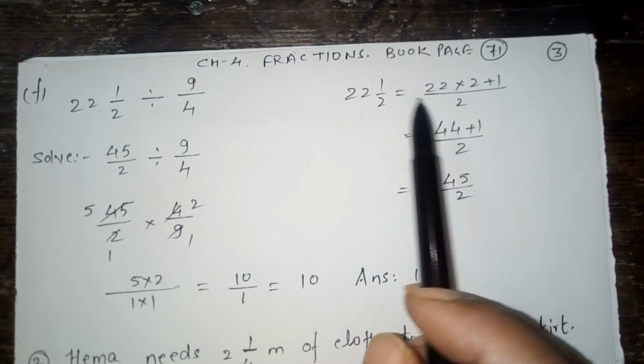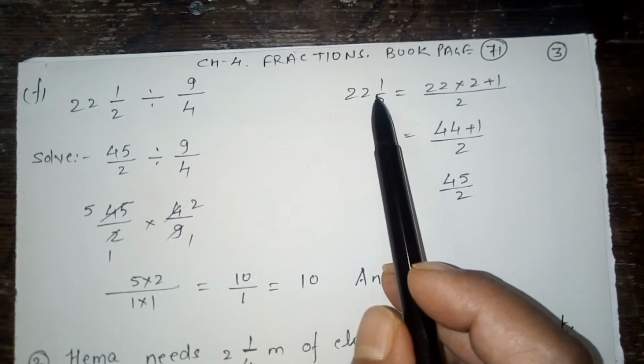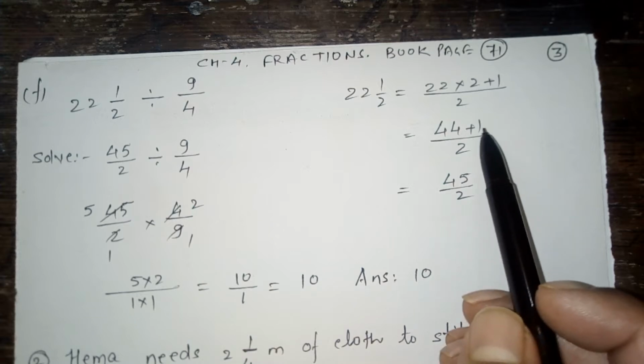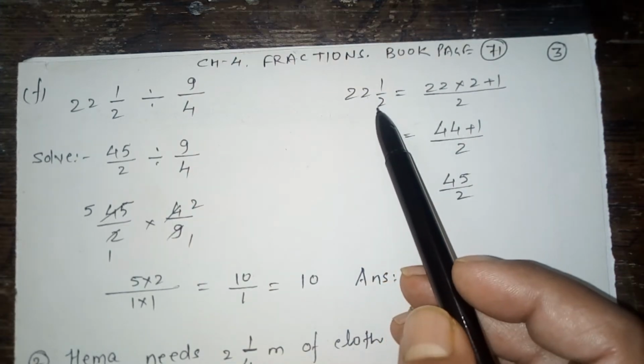How? Look here. How will you convert a mixed fraction to an improper fraction? Now look here. This is 22 and 1 upon 2.